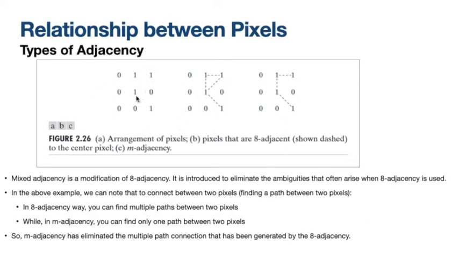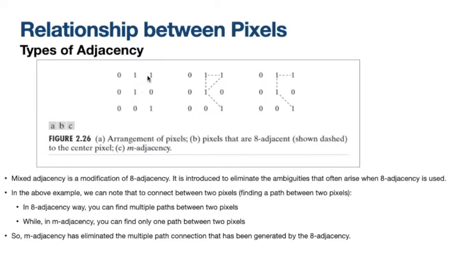If you take this center pixel, the 8 adjacents of the center pixel for v equal to 1 will be this one, and this one.